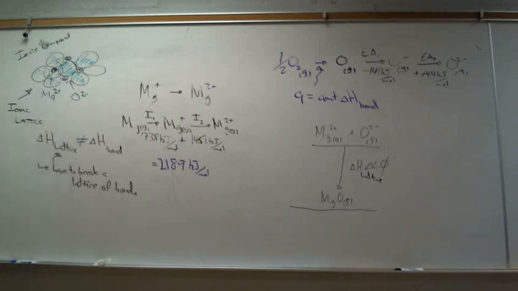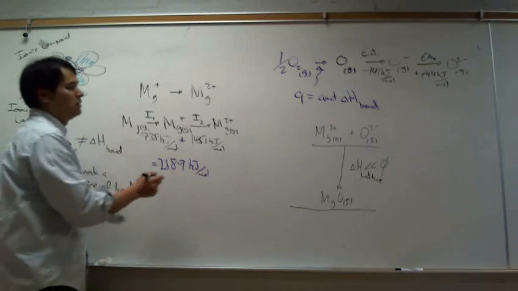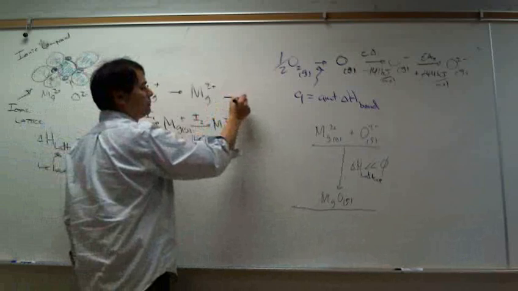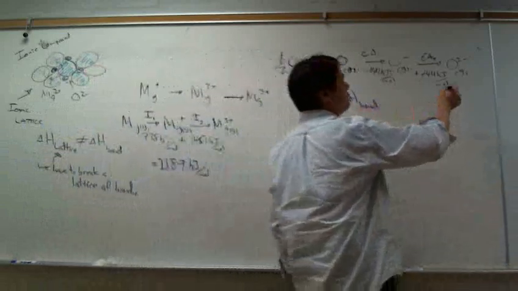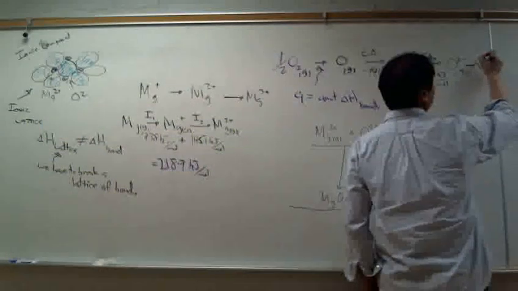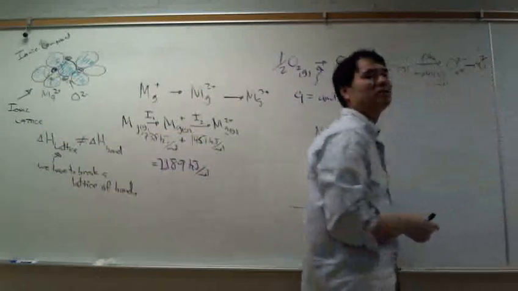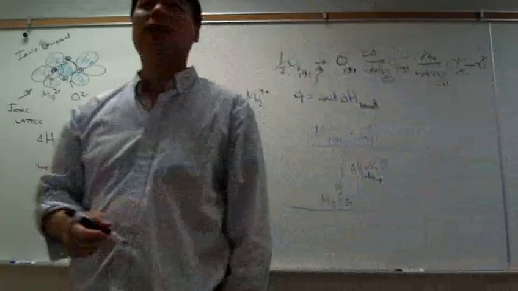Well, you know what? Then nature should do this. Nature should just pay a little more. Because if we went to Mg3+ and we go to O3-, then the payout is going to be a lot bigger, right?